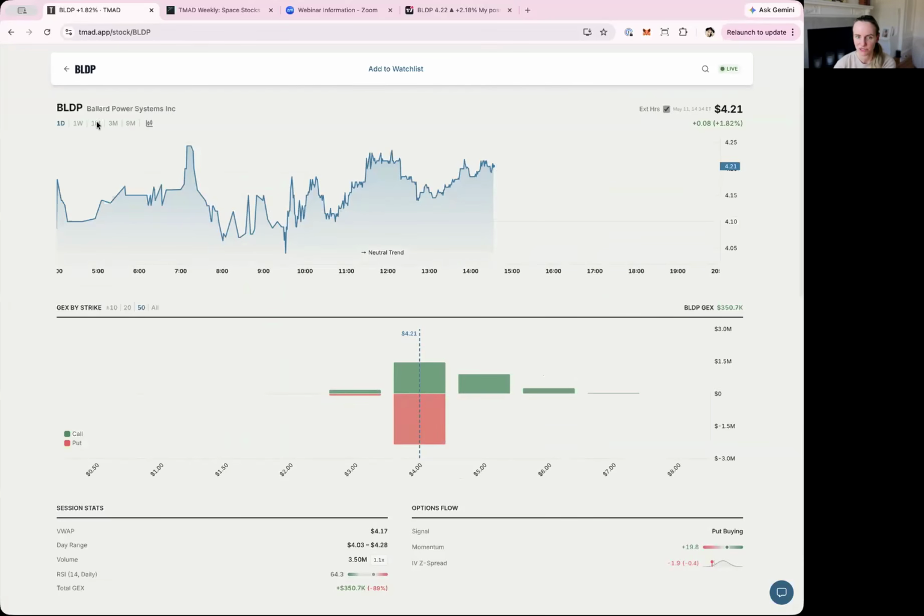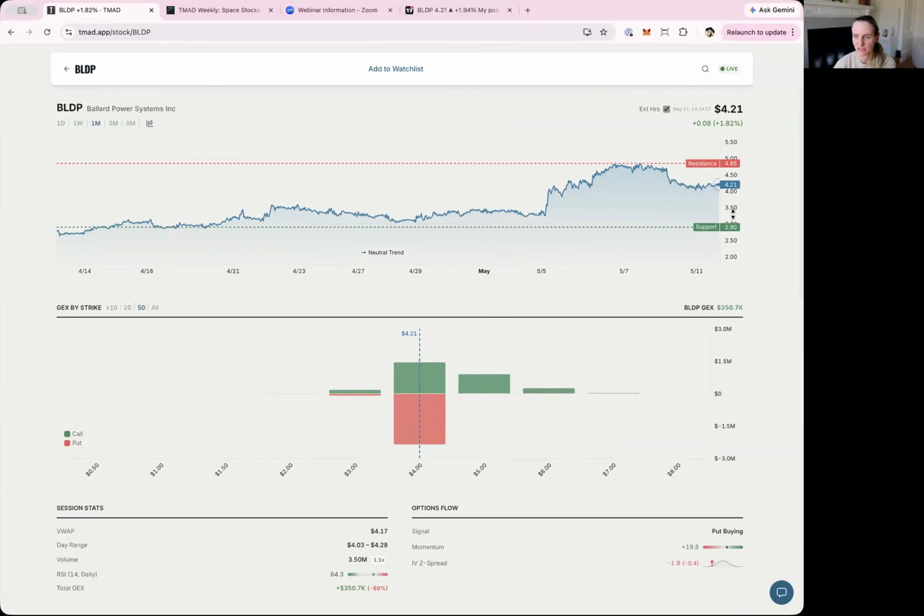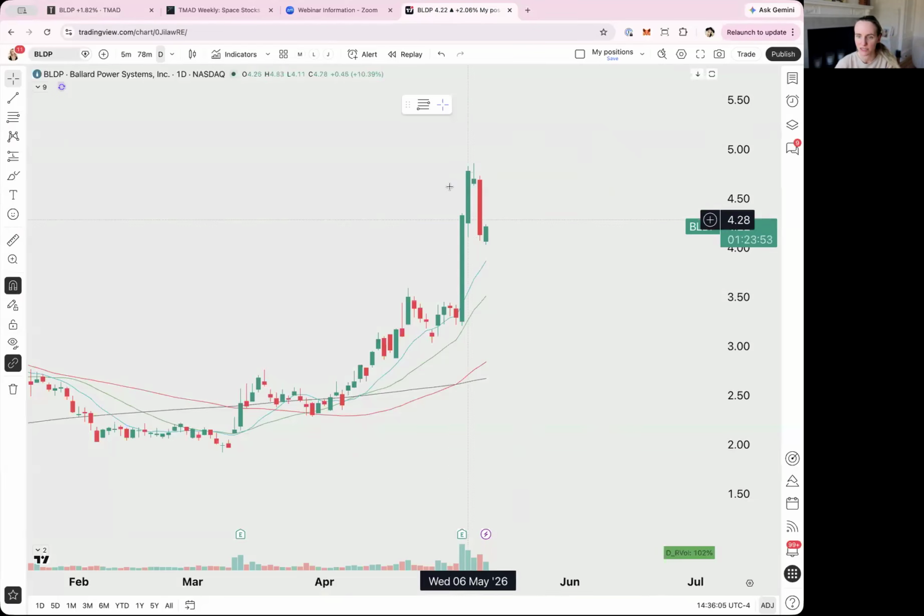Okay, BLDP. So 485 is resistance. You are headed there. Very strong jacks at the money, but very minimal jacks below. So you should be fine around the 4 level, and then most likely headed to 485. That's kind of what it looks like. All right, makes sense. It's probably retesting.